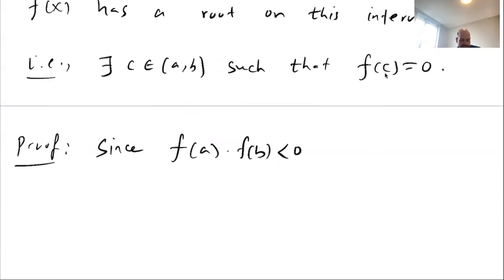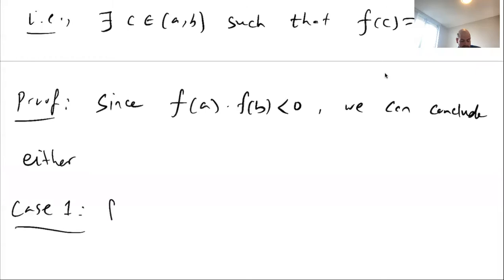So I can say, since f of a times f of b is less than 0, we can conclude that either case 1: f of a is positive and f of b is negative.